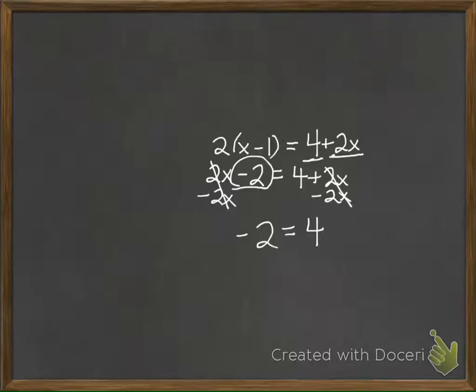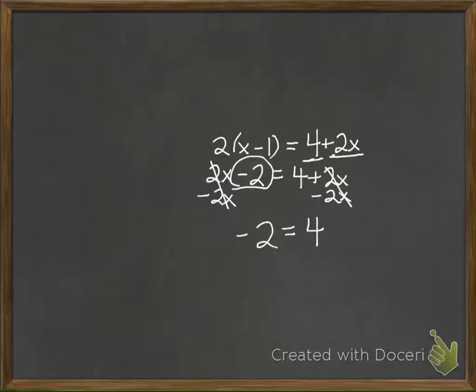Now, this is an unusual situation, in which case we end up with this expression. Our variable goes away completely, and I'm left with the statement negative 2 equals 4. This is a special example because when does negative 2 equal 4? Well, never.